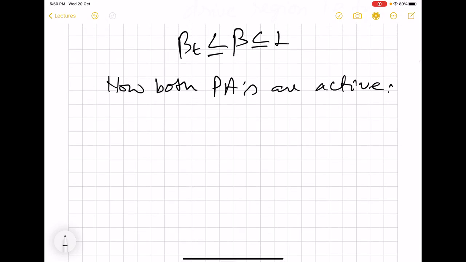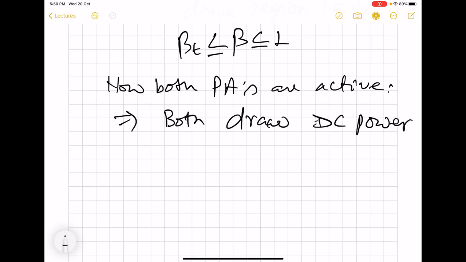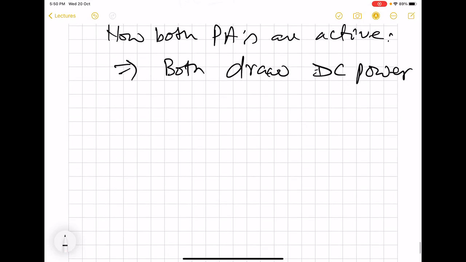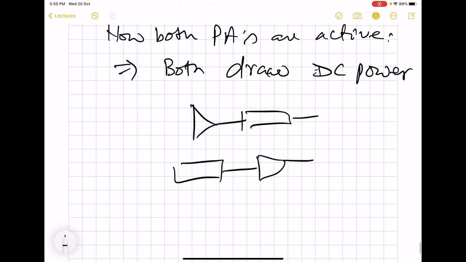That means both consume or draw DC power. So this one as well as this both will now draw the DC power.